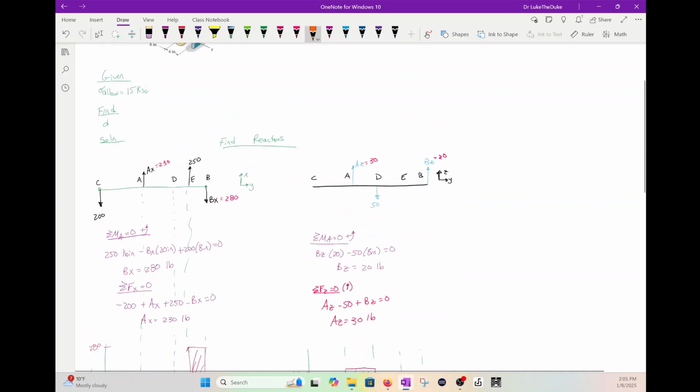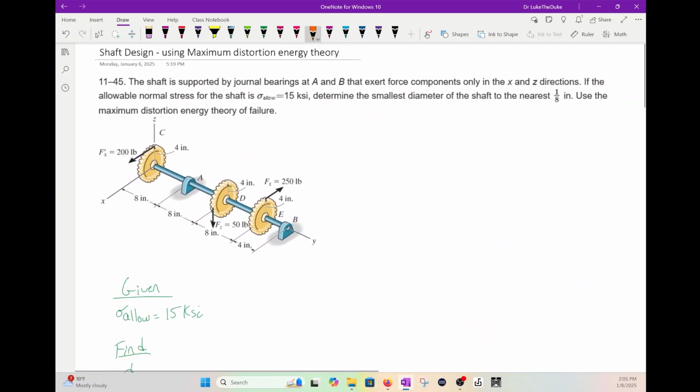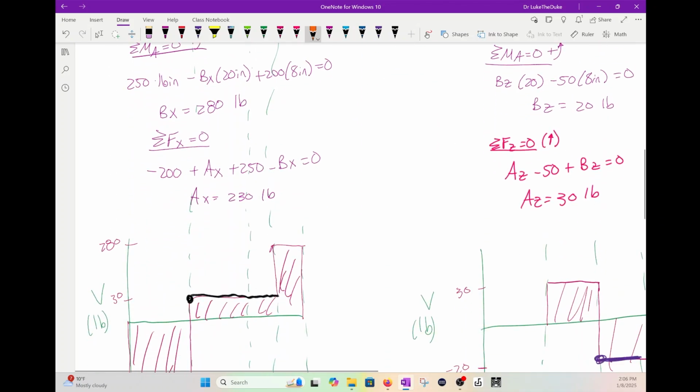We scroll up, right? This force is causing it to go that way, and that way. Okay? And we can find these torques by taking this force, multiplying it by the radius of those gears.